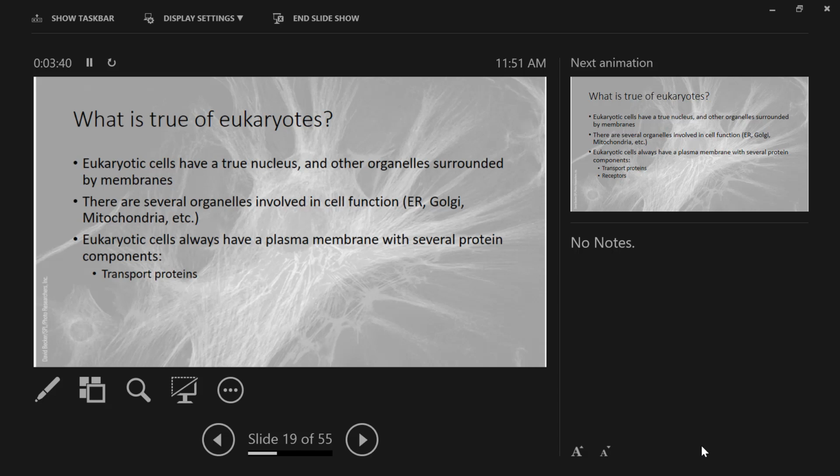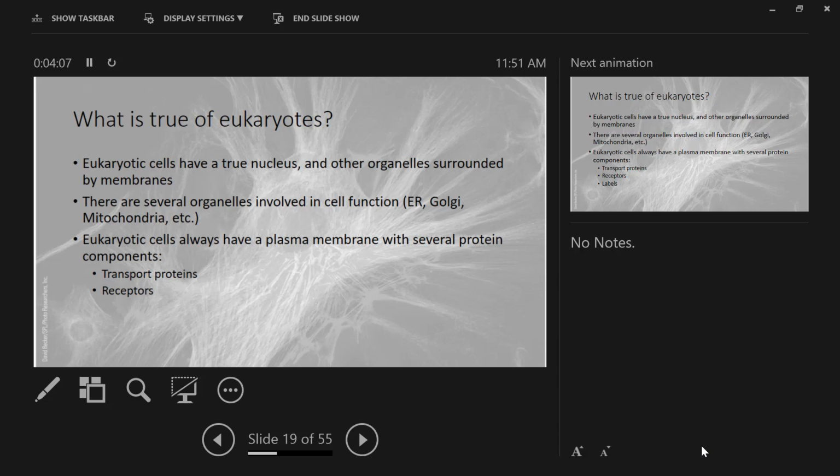What are transport proteins going to do? Transport materials into and out of the cell, right? Because things that are so polar that they're ionic can't move through the plasma membrane, except through transport proteins. Some of those are channels, some of those are pumps.